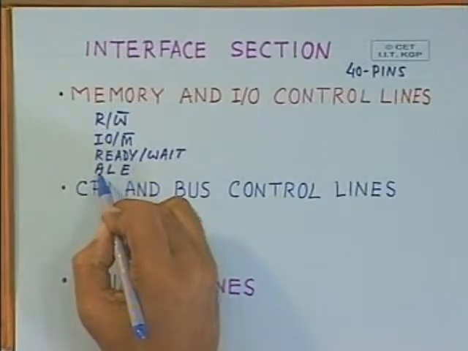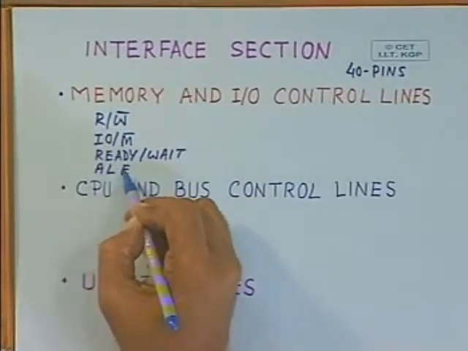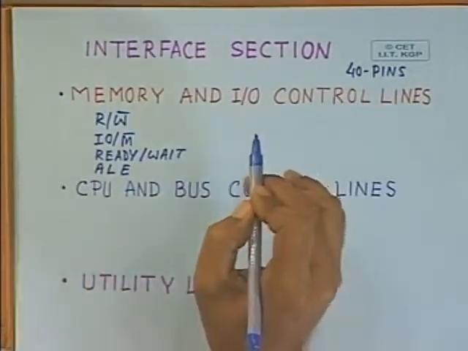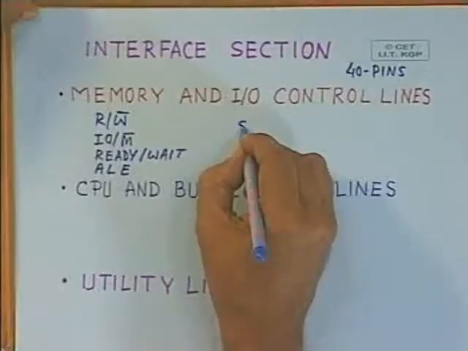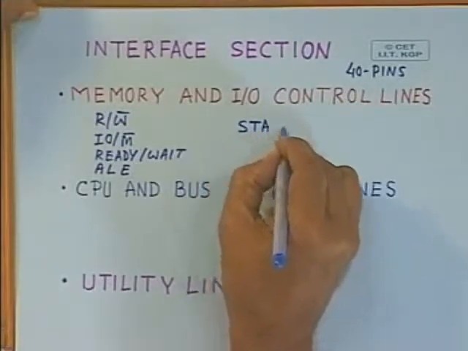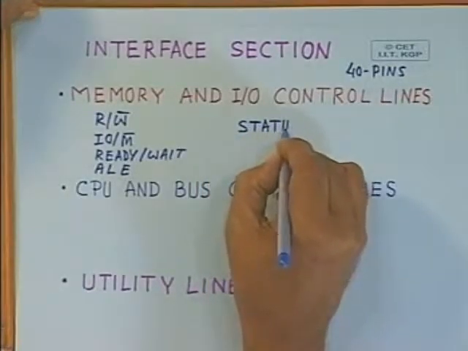And ALE, address latch enable gives you that information. That means at that instant it is having address which should be latched in some outside buffer and used in the next subsequent time. Then apart from these lines, some status lines are provided if necessary, but not mandatory.